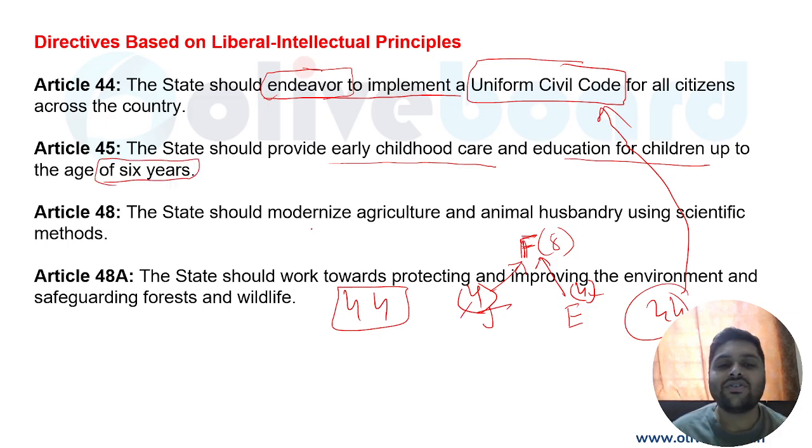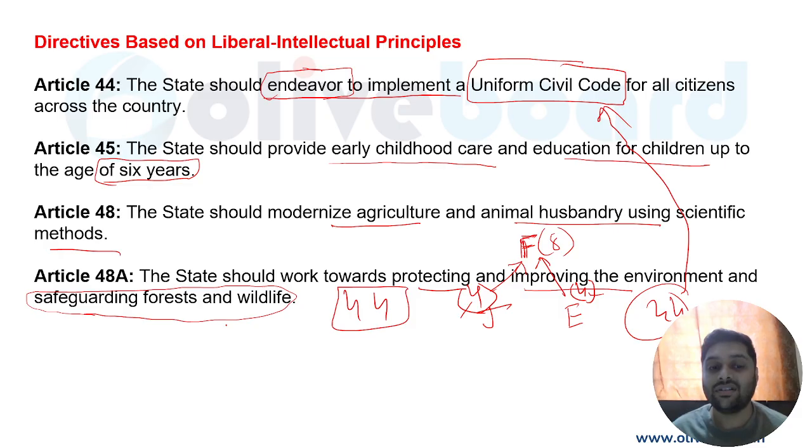48 deals with modernizing agriculture and animal husbandry using scientific methods. Correct? And Article 48A deals with working towards protecting and improving the environment and safeguarding forests and wildlife. See how long back we were thinking about forests and wildlife.